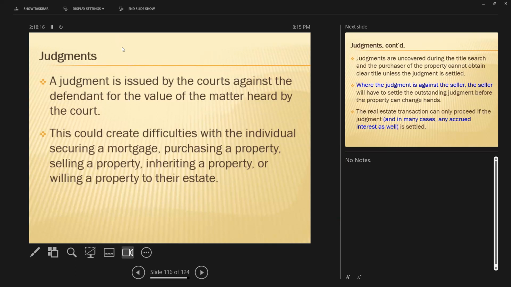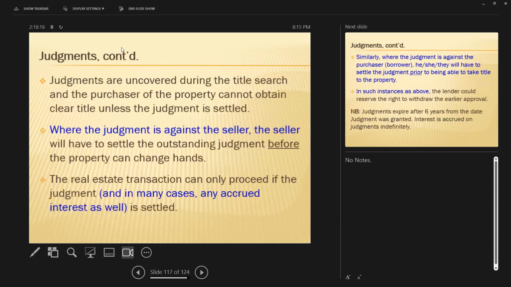You could have difficulty. Judgments are uncovered during the title search of a property. Normally if someone's being granted a mortgage, the lawyer will do a title search, and the process also involves doing a search of the individuals, the purchaser and the seller.